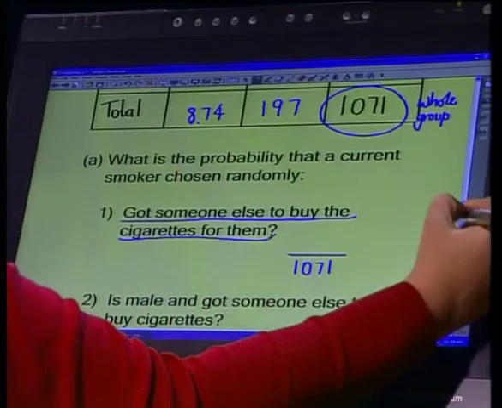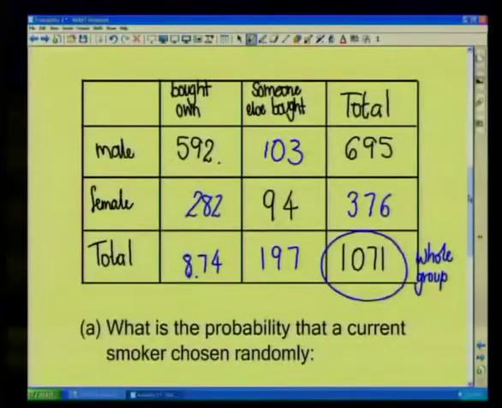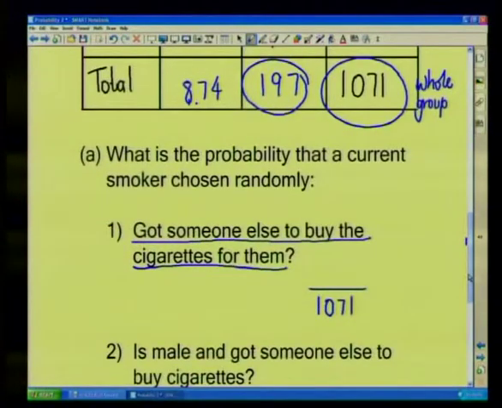Which row or column are we going to look at? 197 people got somebody else to buy them for them. So that needs to be our numerator, 197. So that is my final answer, 197 out of 1071.